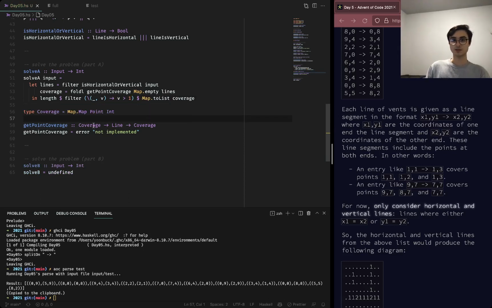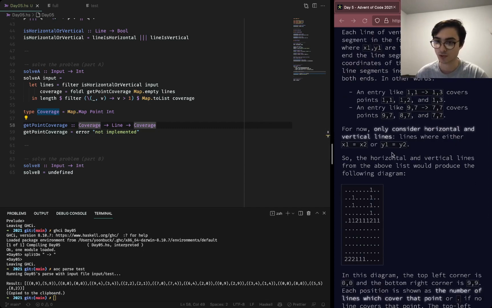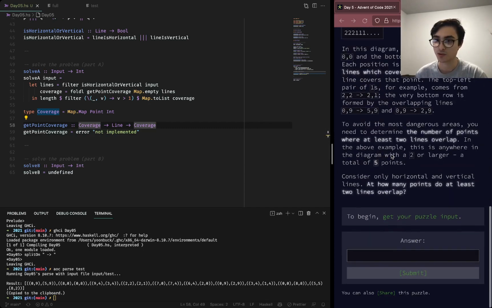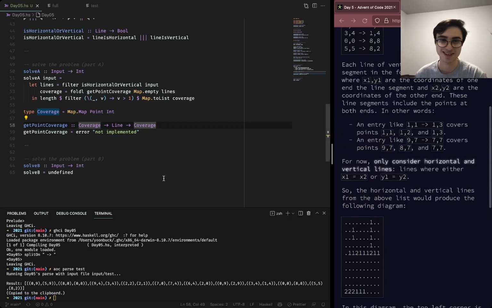And so now we just need to iterate over the points that the line covers. Lines were either x1 equals x2 or y1 equals y2. I'm worried that this is not going to scale to part B if we have to deal with non-integral points, but I'm just not going to worry about that yet.